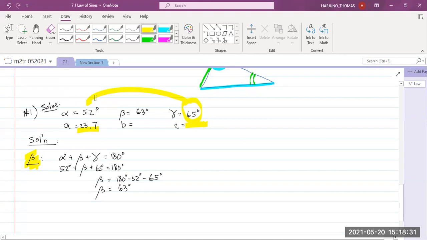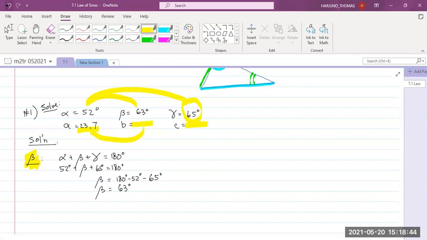In fact, angle beta, which is 63 degrees, we just found out, is greater than angle alpha, so side B will also be greater than A. Now, you will see that's something you will get through law of sines even without such observation. Even if you don't observe this, it's automatic.